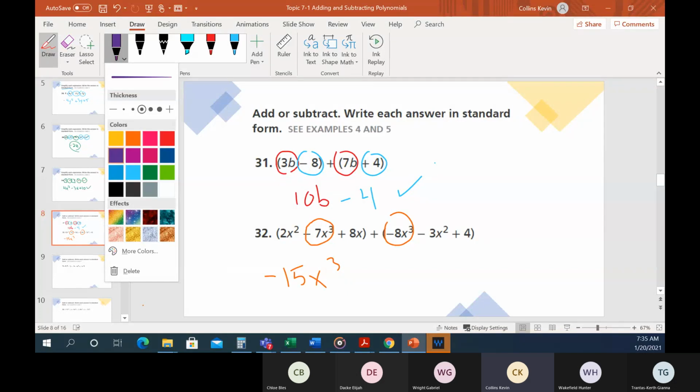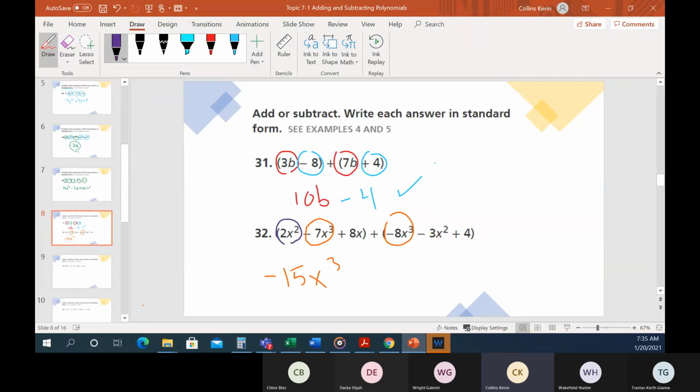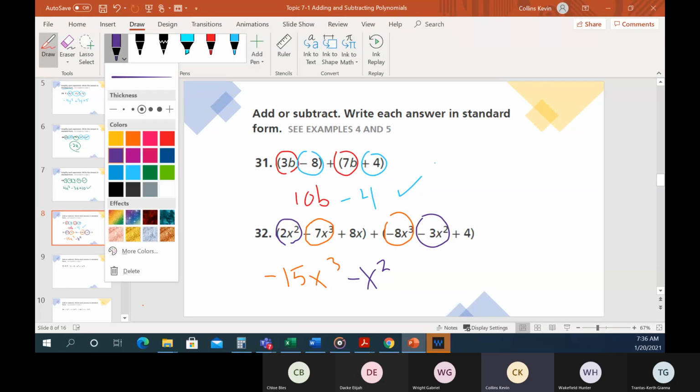Then let's move on. Do our x squareds here. So we got a 2x squared and a minus 3x squared. So 2 minus 3, that's minus 1x squared. They probably just write minus x squared, right? Then the rest of it is just terms we can just bring down, right?